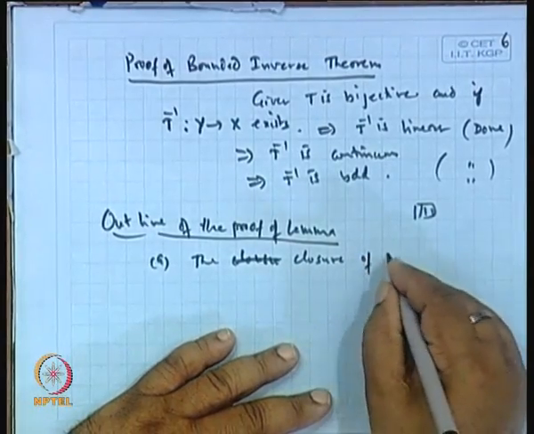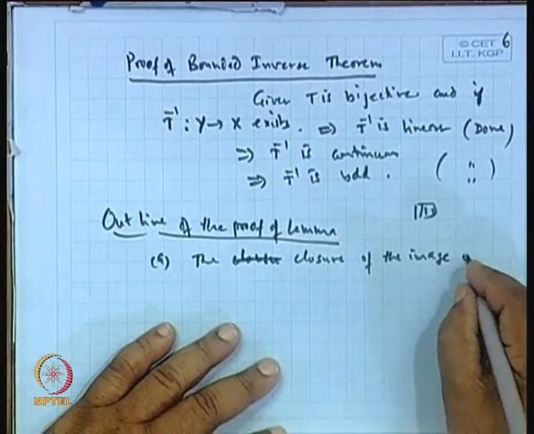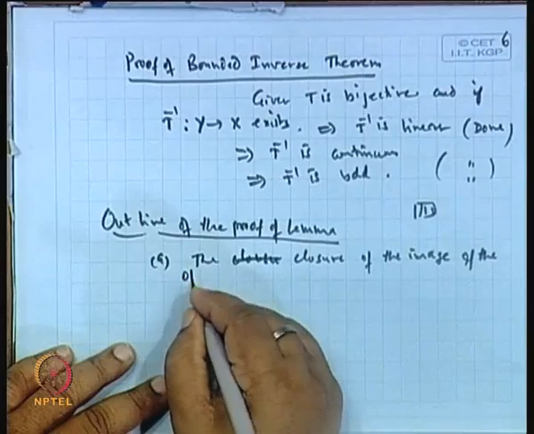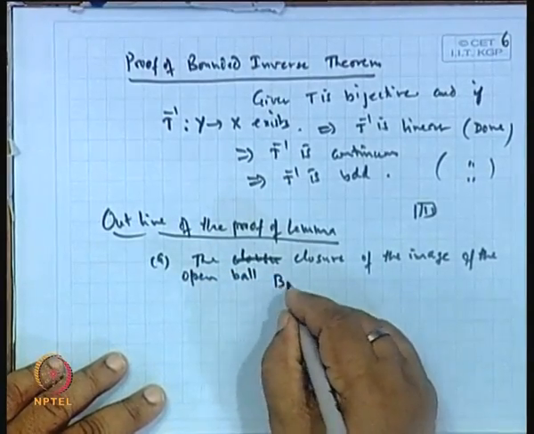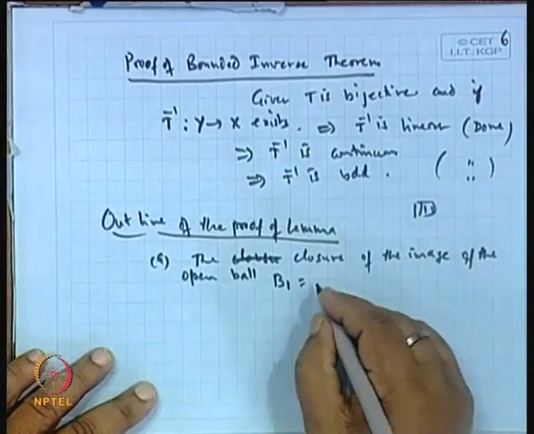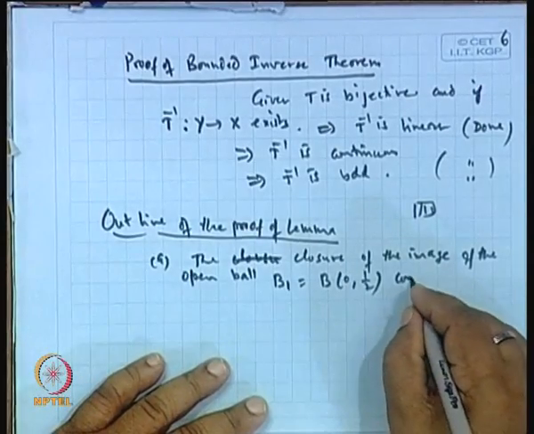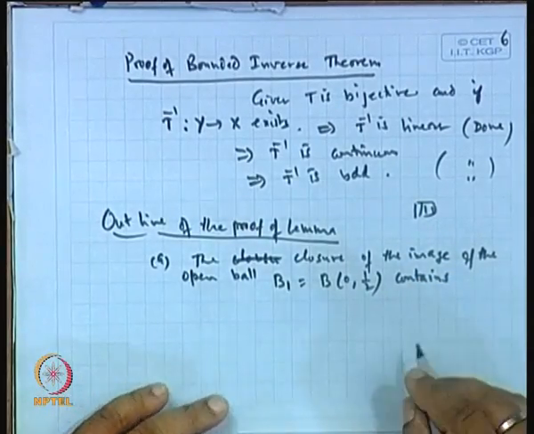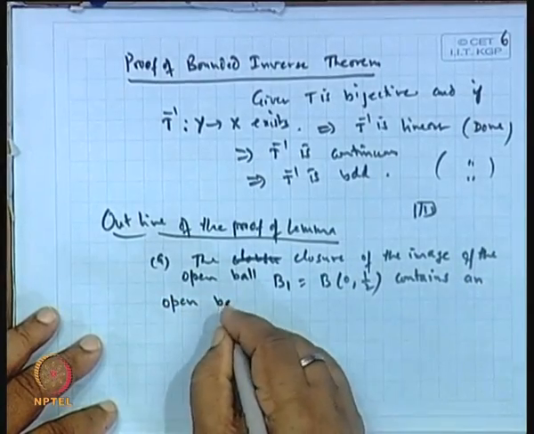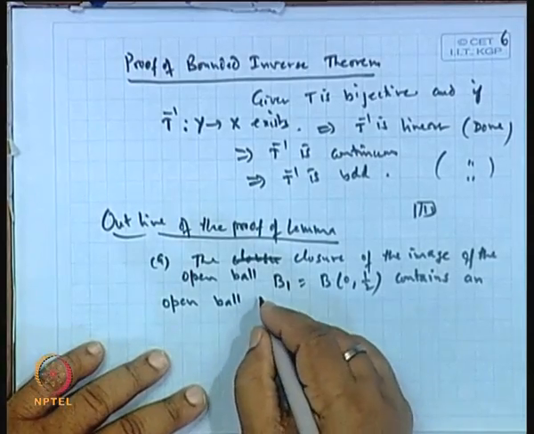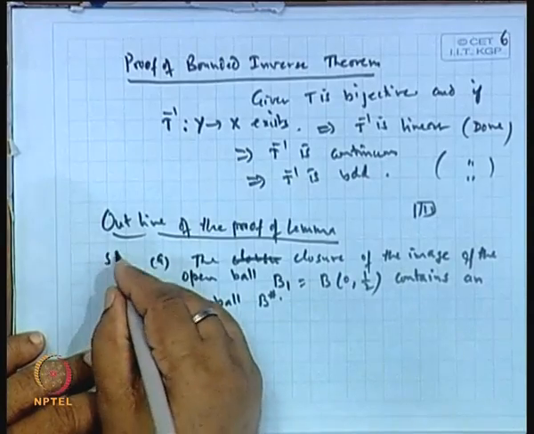of the image of the open ball B1 centered at 0 and radius half contains an open ball B star. So, this is step 1.